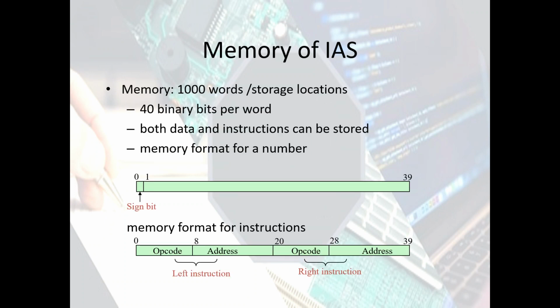The memory of the IAS or the Institute for Advanced Study computer refers to the storage component where both program instructions and data are stored for processing. In the context of the IAS computer and the von Neumann architecture it utilized, memory is a unified space that holds the instructions that guide the computer's operations and the data on which these instructions operate.